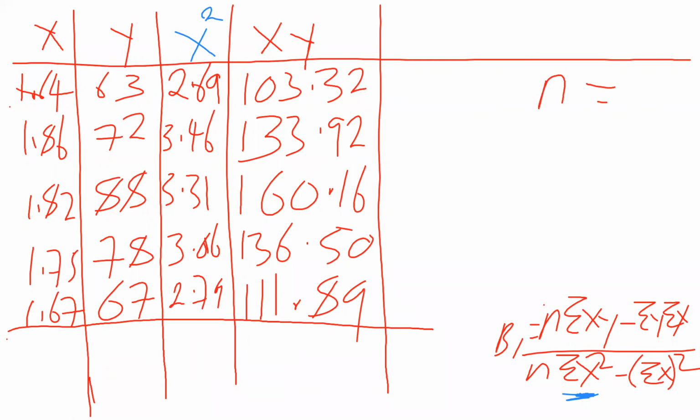How many are there? 1, 2, 3, 4, and 5, right? So we need the summation. The summation of x: you add all these x variables and give us the number you find.